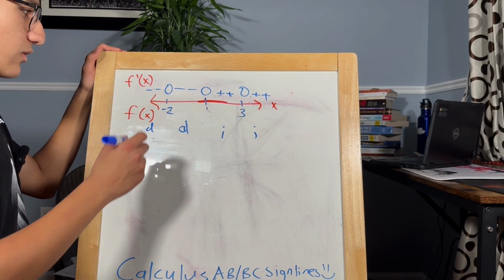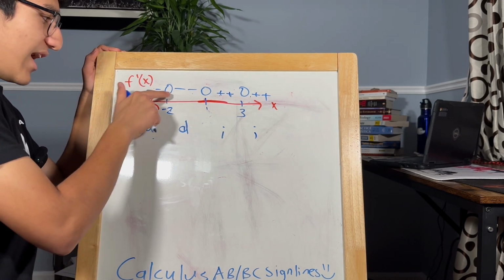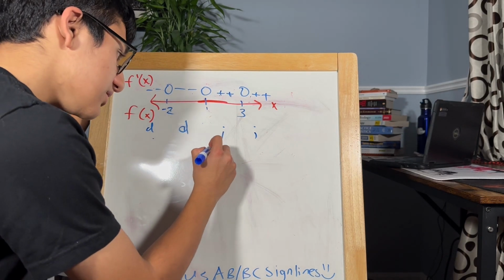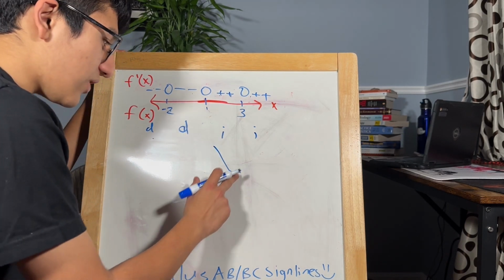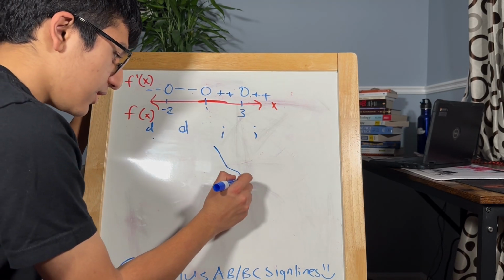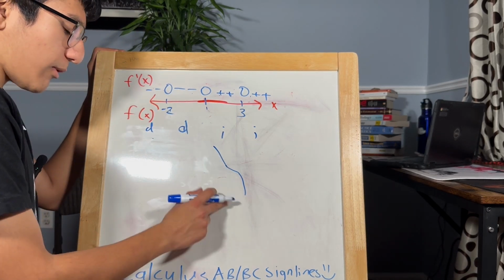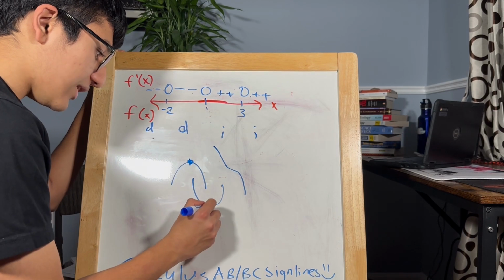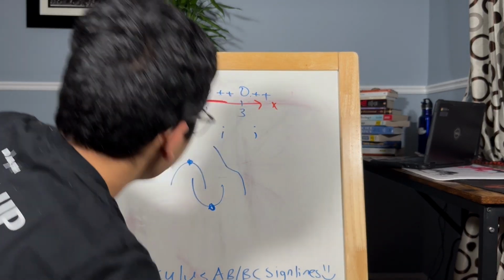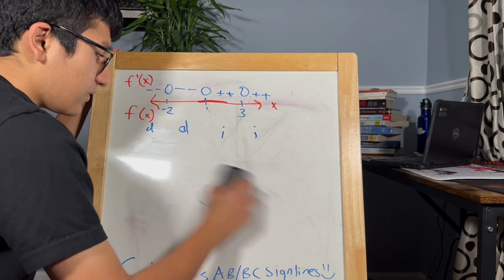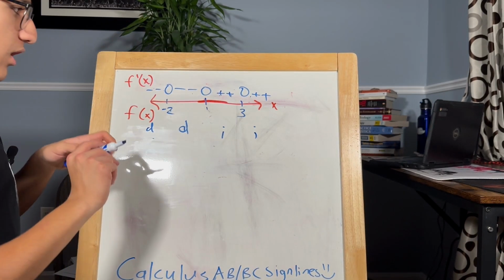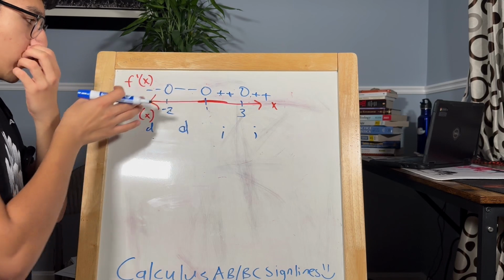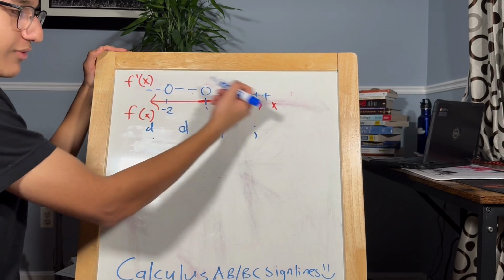This would not be a relative extrema, because it's going down, going straight, a smooth direction, and then going down again. An extrema would be like that or that, right here or right here, right? A relative extrema would be like this: from the negative direction it's negative, and from the other direction it's positive.